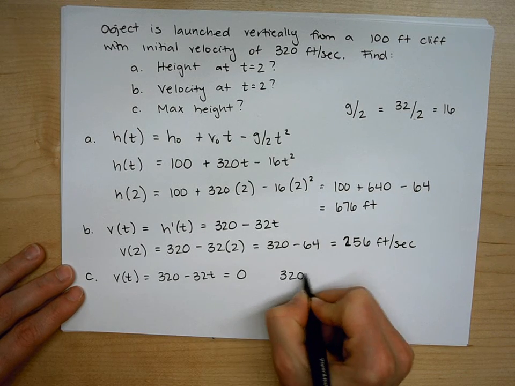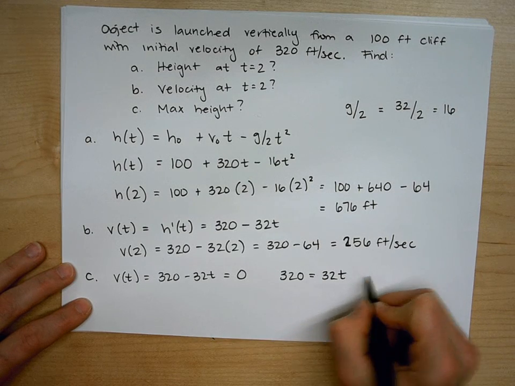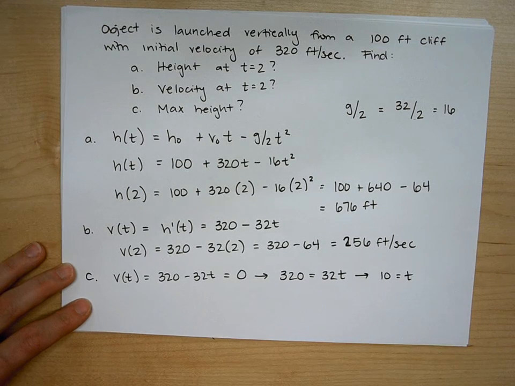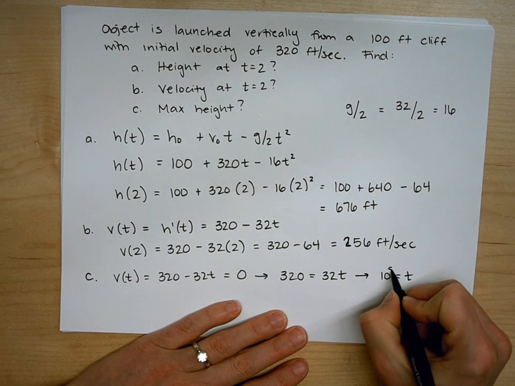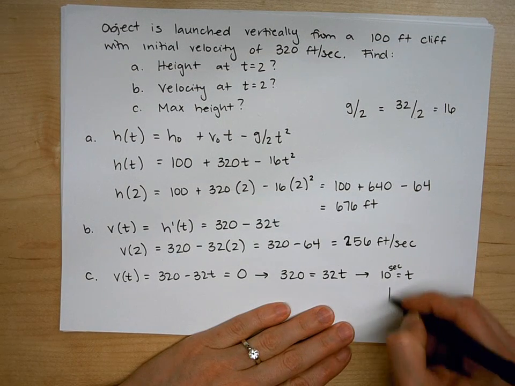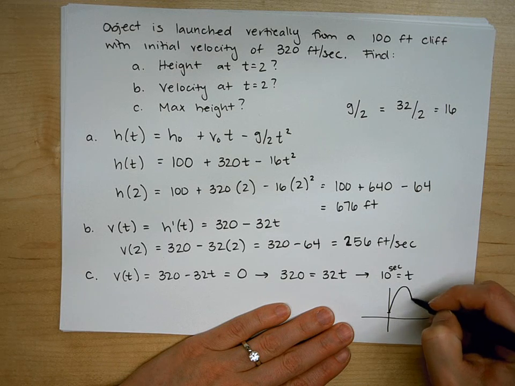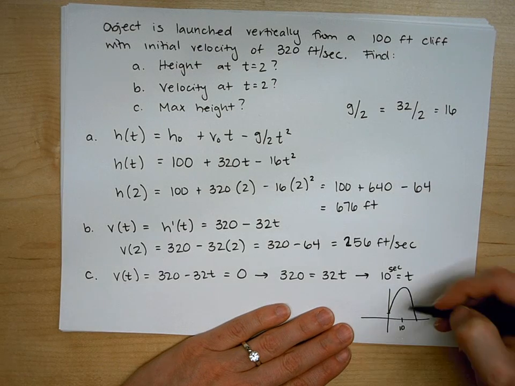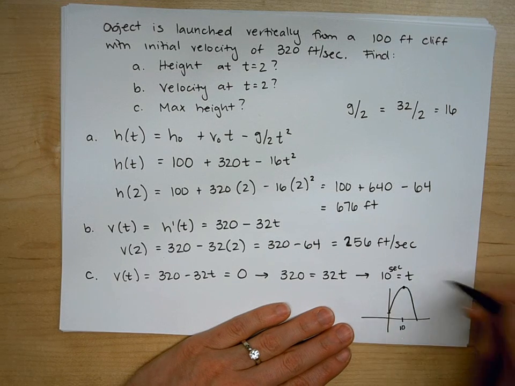Let's add that 32t to the other side, and then we can divide both sides by 32, which I can see would end up being 10. So then that means after 10 seconds, when t is 10 seconds, that's when the ball has reached its maximum height. So if I were to draw this, it looks something like that. And this time would be at 10 seconds. Again, we see that horizontal tangent there.